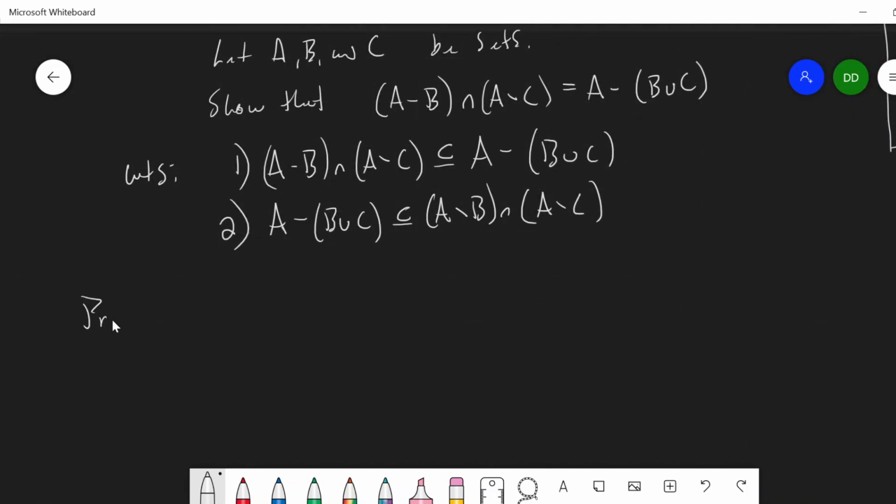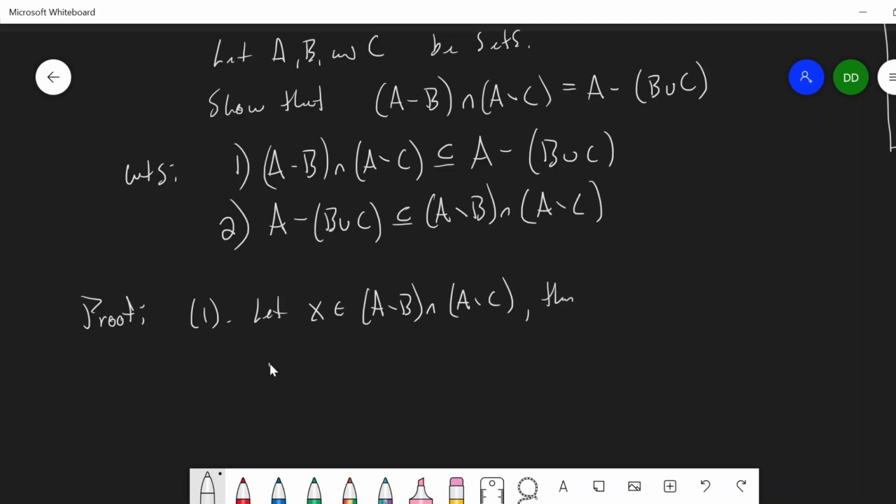So let's prove this. All right, I'll tackle one first. So I want to give myself an arbitrary element of this set and show that it's also in this set. So let x be in A minus B intersect A minus C. So let's write this out. What does this mean?